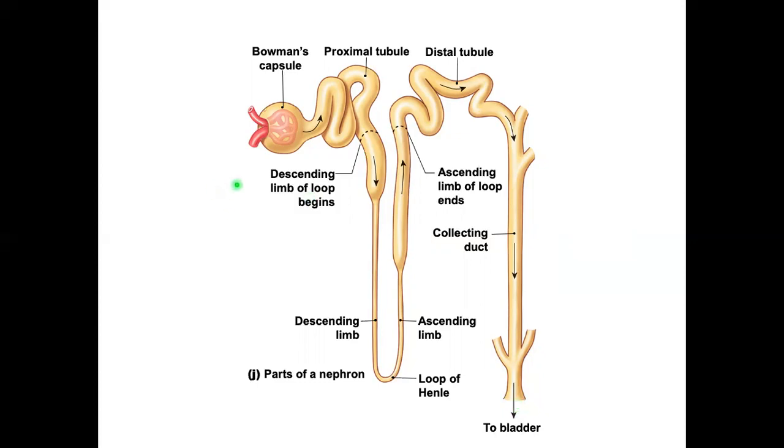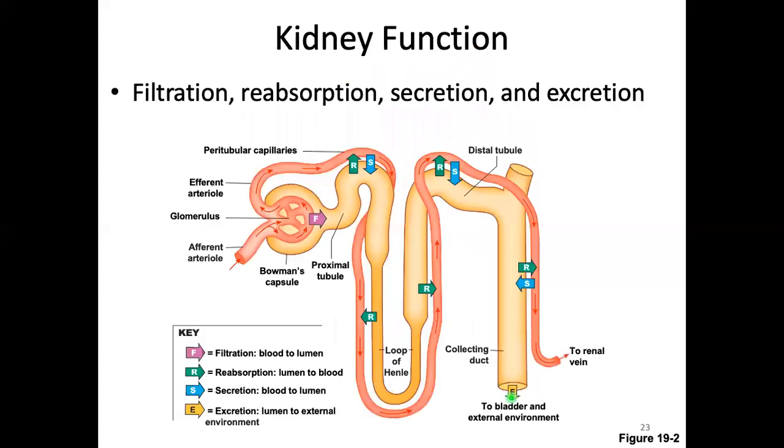So what happens? The short version is blood comes into the afferent arteriole, goes through the glomerulus, and nutrients and waste get filtered out, and then blood goes back through, and as the urine is going through these tubes, stuff gets pulled back into the bloodstream. Nutrients do, and whatever waste product is left gets kicked out to the bladder.